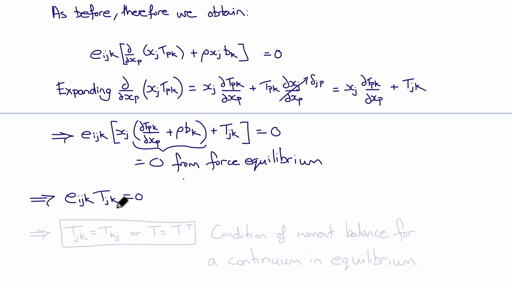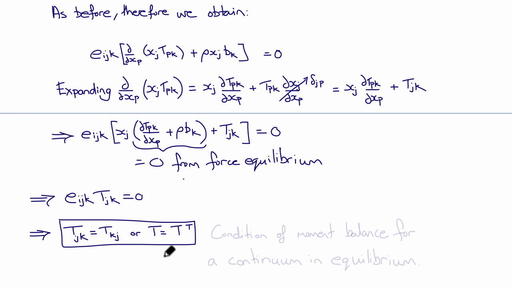If we look at this expression, we see that for every jk, there's an opposite valued kj, which means this expression could only be 0 if for every tjk, tkj were equal. In other words, this expression simplifies to tjk equals tkj, or T, the Cauchy stress tensor, is symmetric.